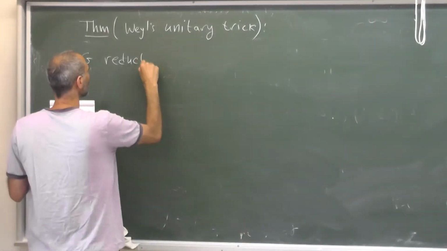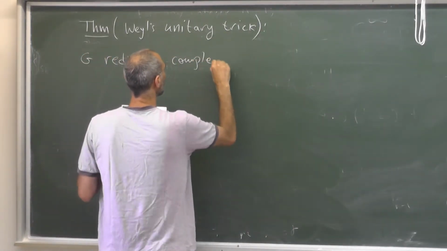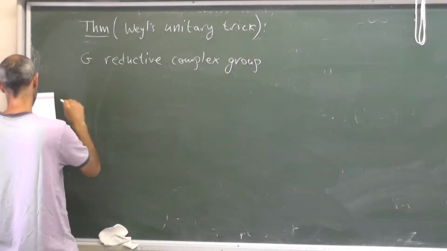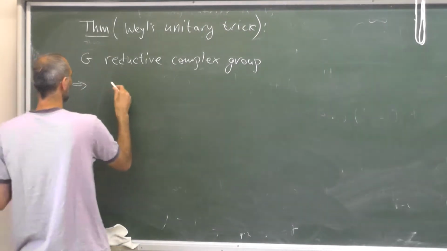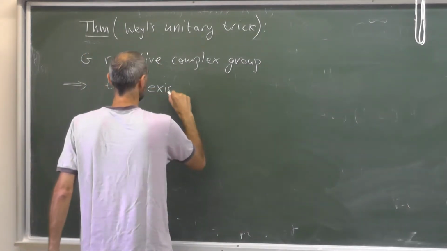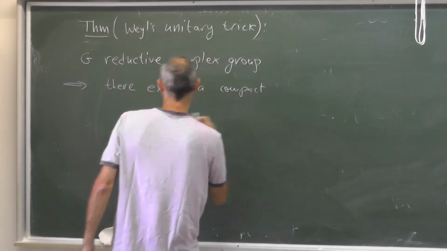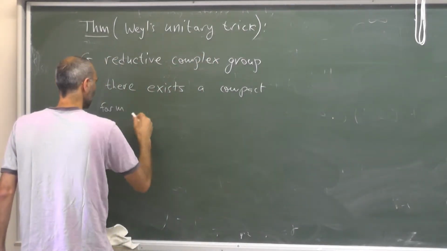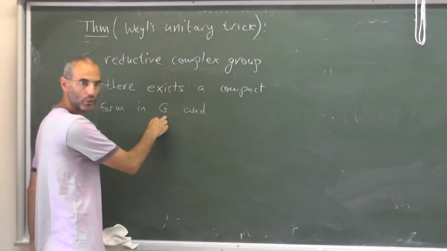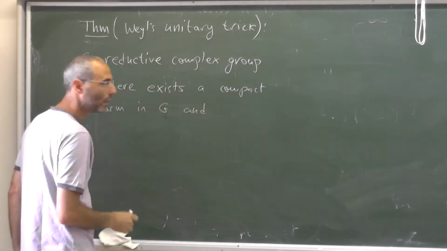If G is a reductive complex group, complex form in G. So G is complex, so I'm completely identifying between G and its complex form points.